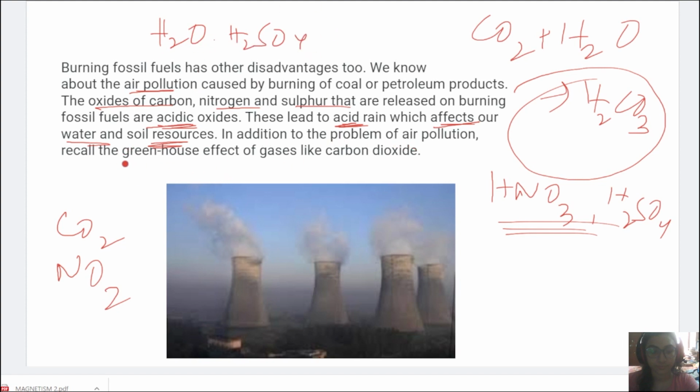Also, there is the greenhouse effect by gases like CO2. What is the greenhouse effect? It is basically the fact that all these gases are producing a layer over the earth.